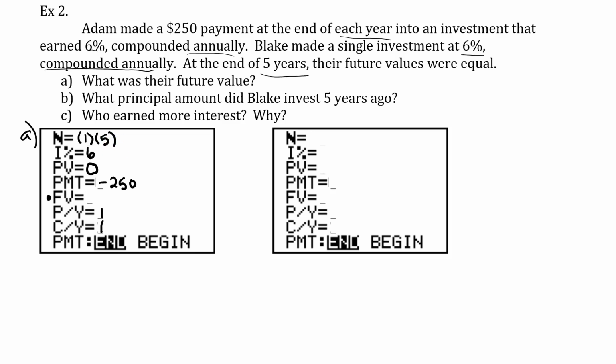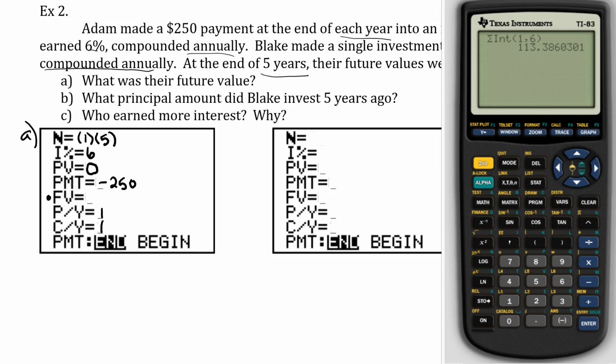So I'm going to call up my TVM solver, and we're going to solve for that future value. So we're going to go into our Finance TVM solver, and I'm just going to put these values in. So 5, 6, 0 stays the same from our last question. Cool.